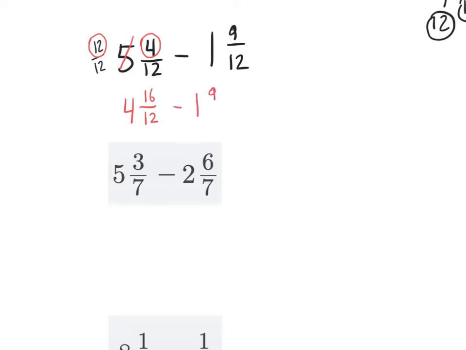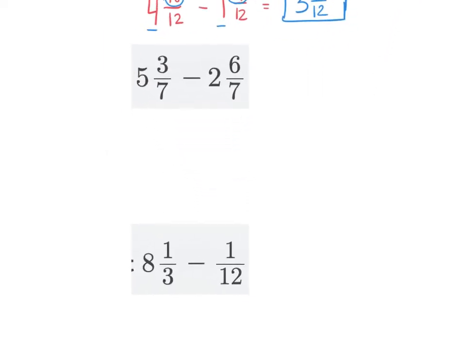Now I'm going to rewrite it. And now I can do my subtraction. 4 minus 1 gives me 3. 16 minus 9 will give me 7/12. Here would be my final answer.